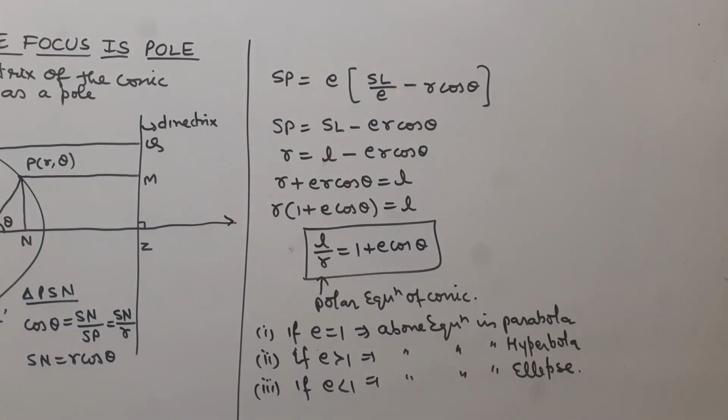So the polar equation of conic is l upon r is equal to 1 plus e cos theta. If we take e equal to 1, it represents a parabola. If eccentricity e is greater than 1, it represents a hyperbola, and if e is less than 1, then the equation represents an ellipse. Thank you.